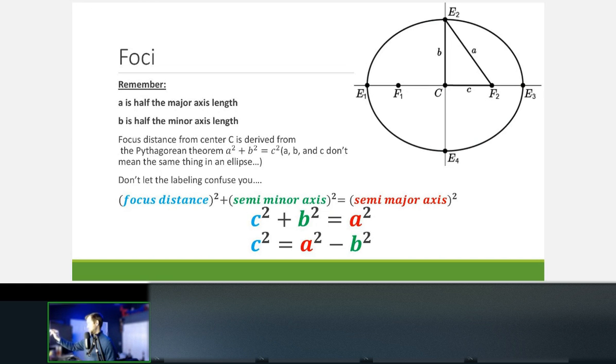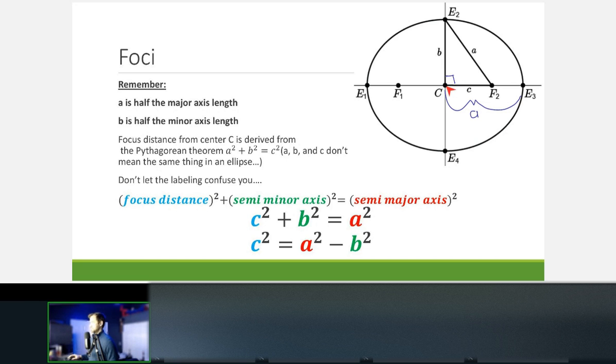So from here to here, that is a distance of A. Now, if you notice, I created a right triangle. And from our minor axis, this is your distance of B, because B is half of the entire distance.